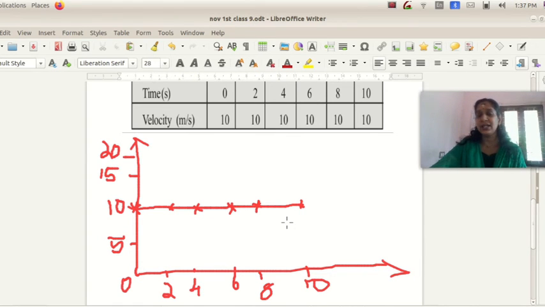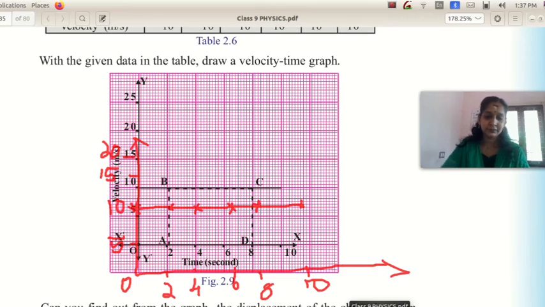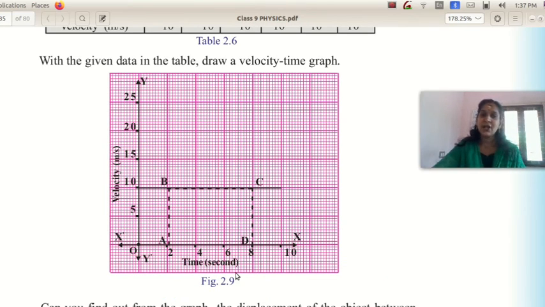So we can look at our test. Our graph is like this. At 0 second, the velocity of the car is 10 meter per second. At 2 second, the velocity is 10 meter per second again.